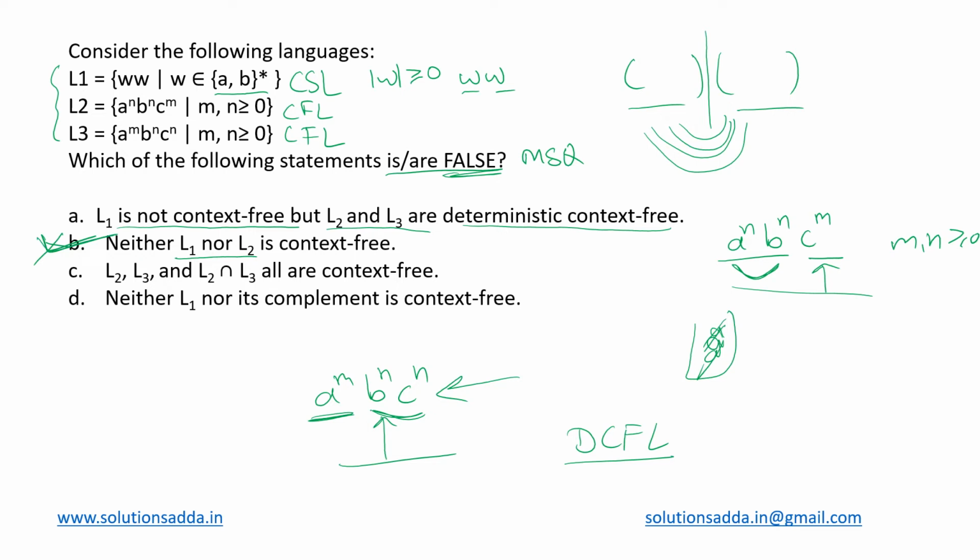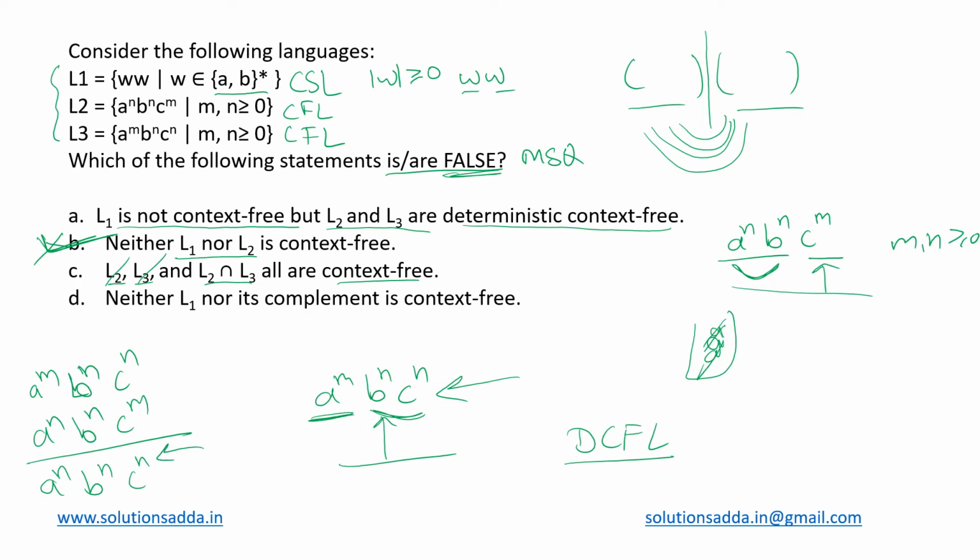Looking at option C, it is L2, L3 and L2 intersection L3 are all context free. L2 is certainly context free, L3 is also context free. What will be the intersection of L2 and L3? The intersection of a raised to m, b raised to n, c raised to n and a raised to n, b raised to n, c raised to m will be an equal number of a's, b's and c's. We can use either m or n, it does not matter.